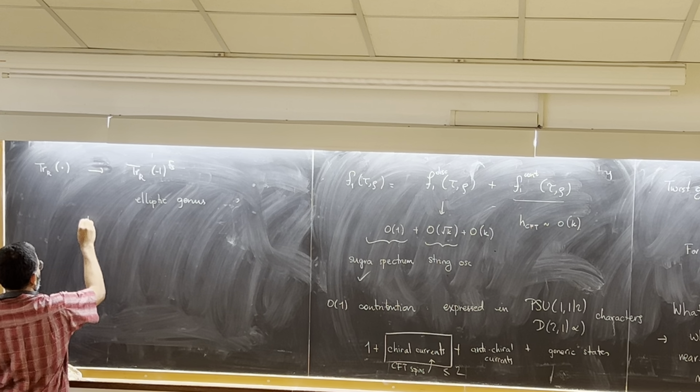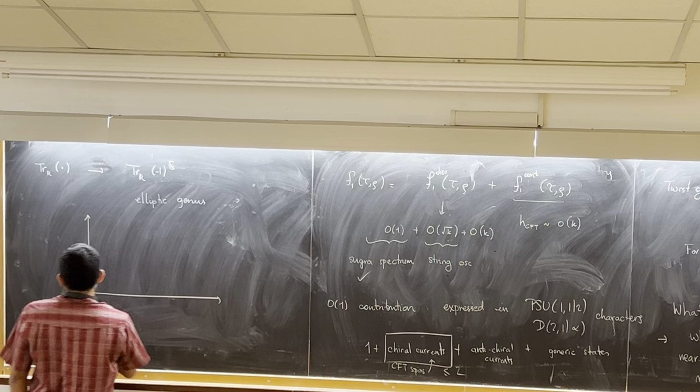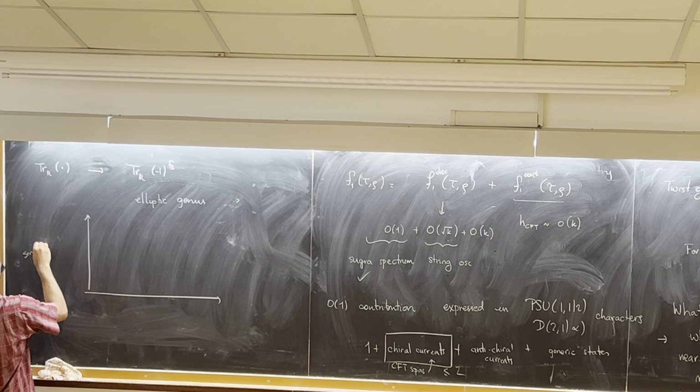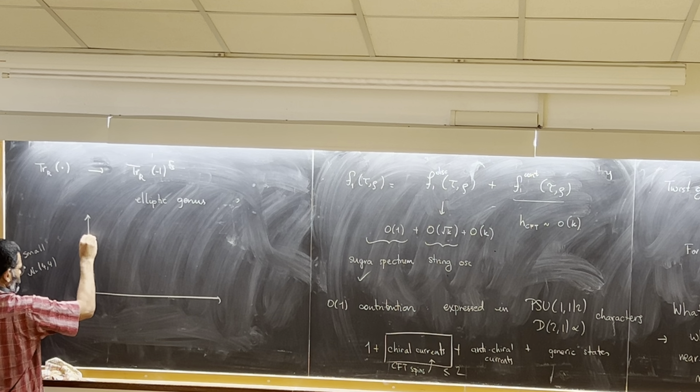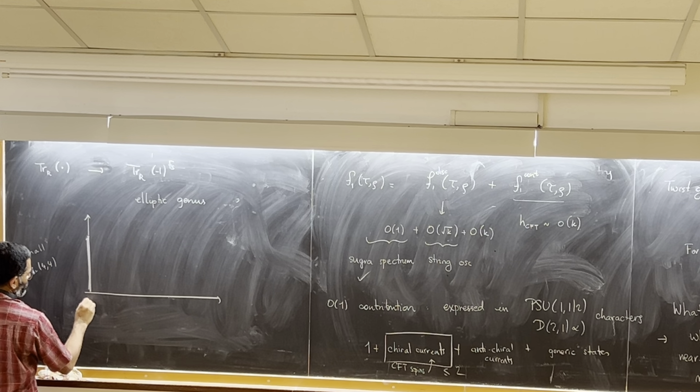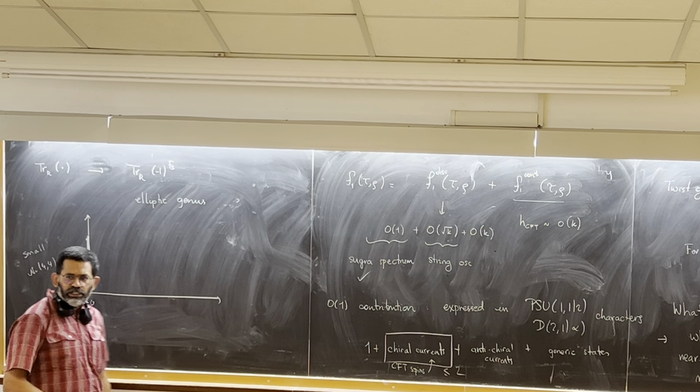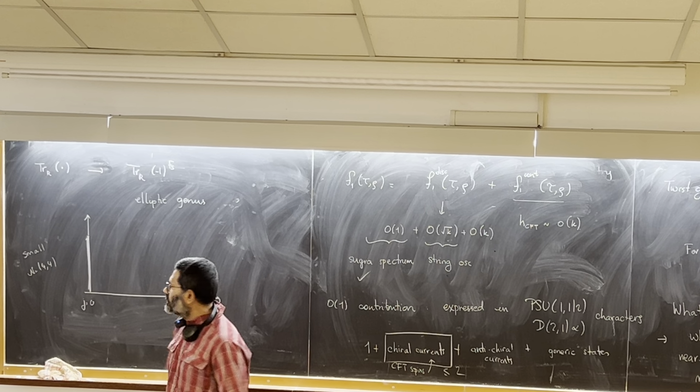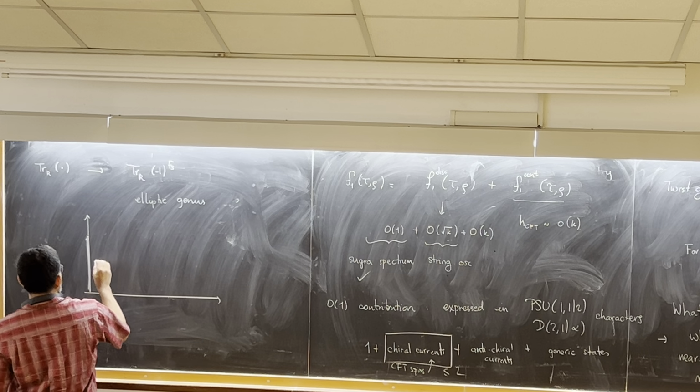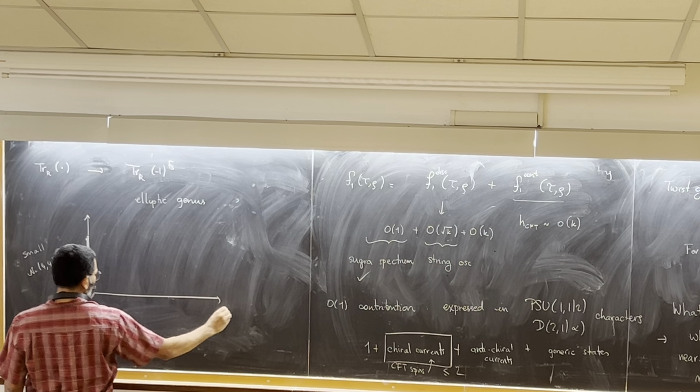And if you do the small N equals 4 superalgebra, you see that states with zero R charge are BPS, and they live on the BPS locus.